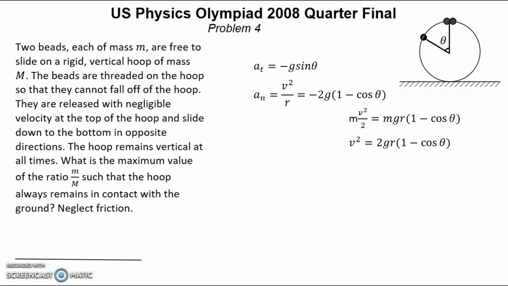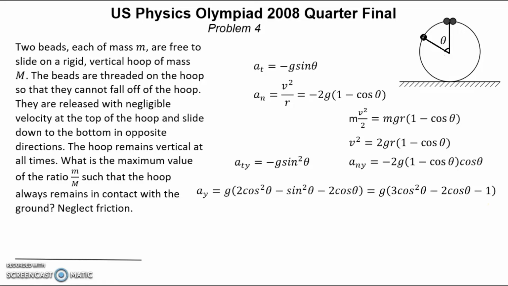So we need to multiply tangential by sine theta and multiply normal acceleration by cosine theta. And now we have to add them. So after this operation, we can find that total a_y equals this expression.